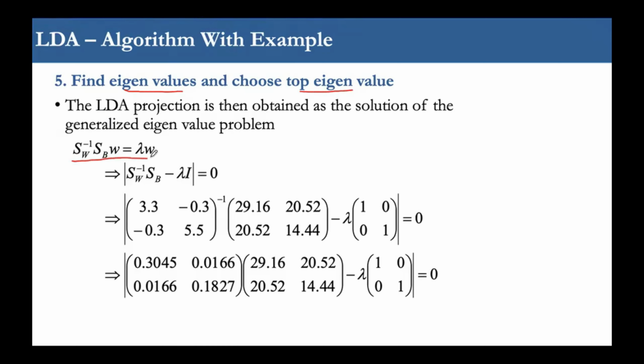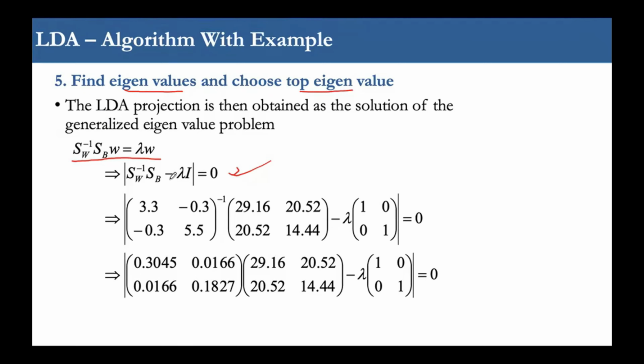This is the formula to compute it: SW inverse SB into W equal to lambda W. When we equate this, we get the determinant of SW inverse SB minus lambda I equal to 0.